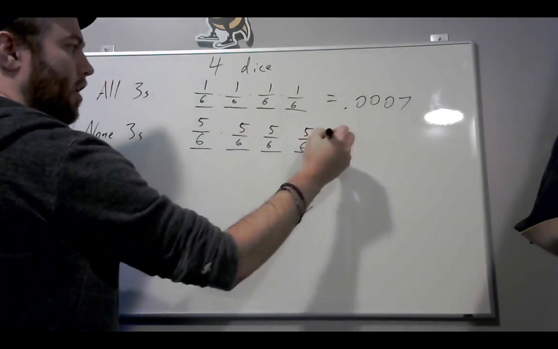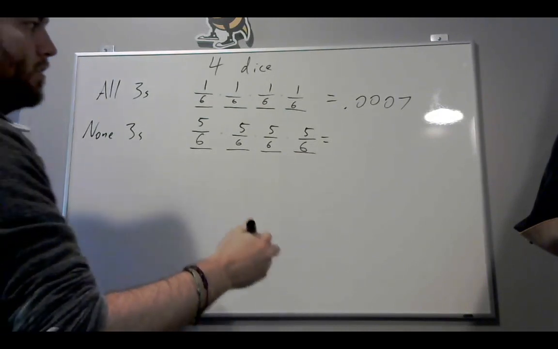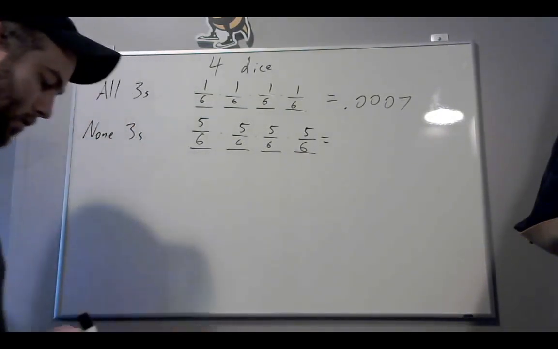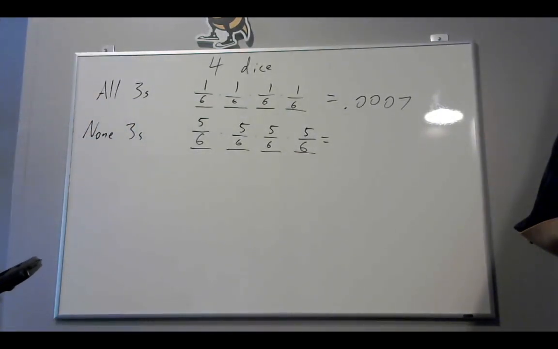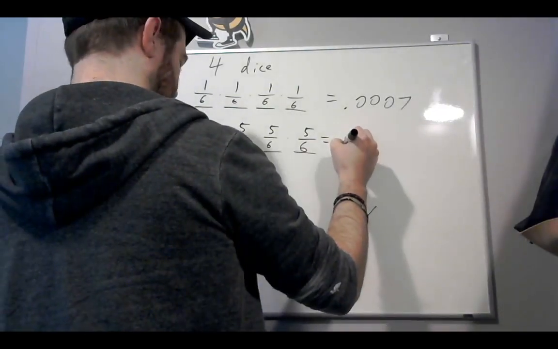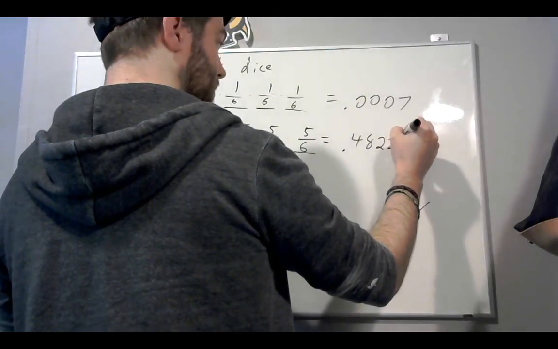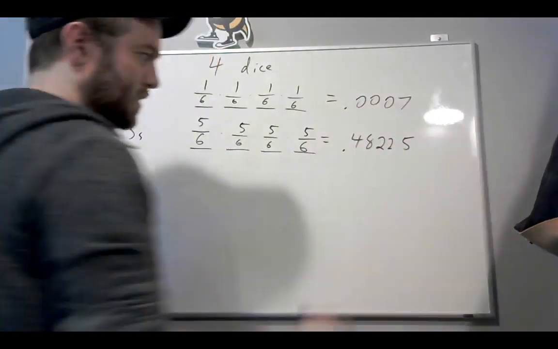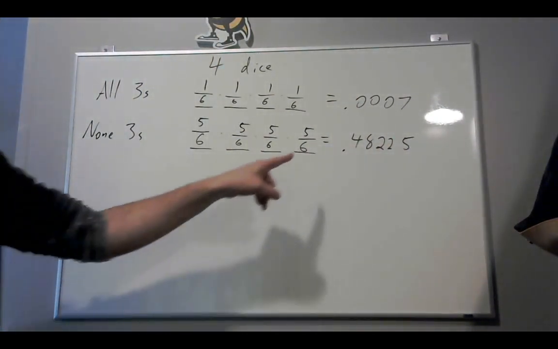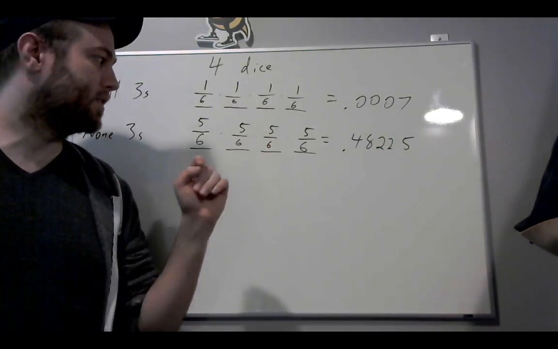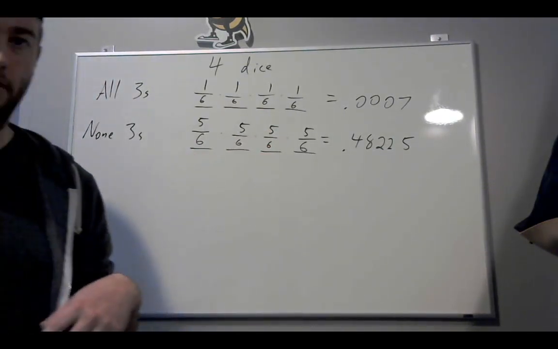So we can multiply all these together, and that is going to be 0.482225, etc. So almost a 50% chance that none of them are going to be a 3.